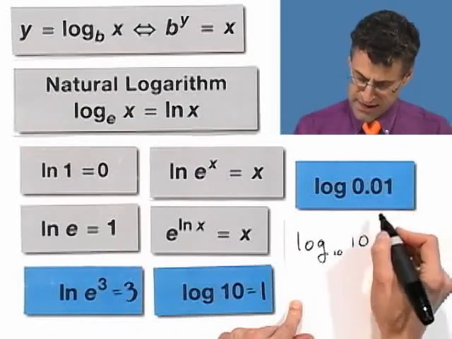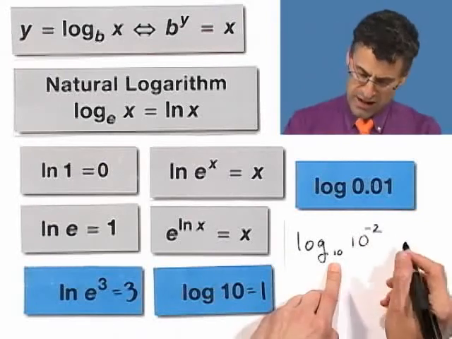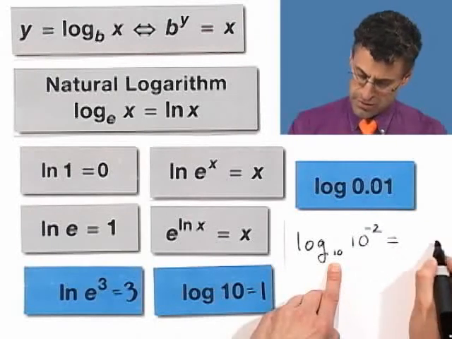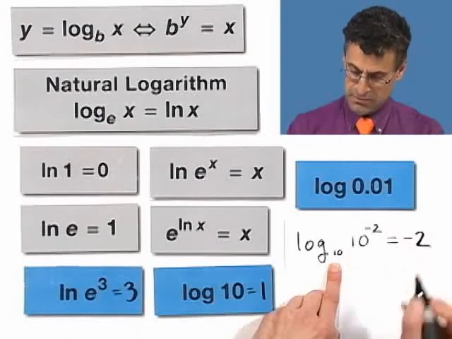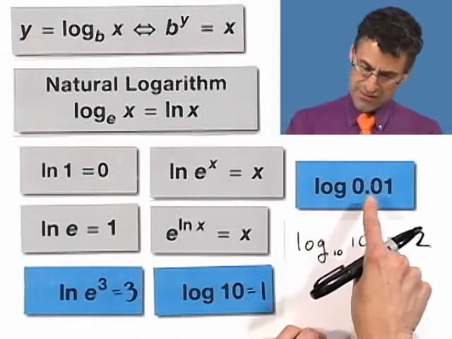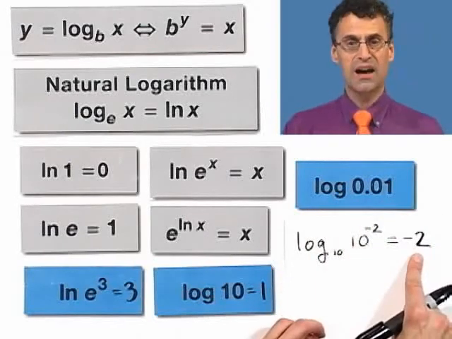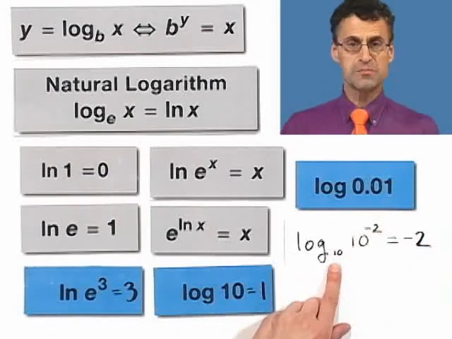Well, negative 1, negative 2, so I'm going to say 10 to the negative 2 power. So what's the power I have to raise 10 to in order for it to be 10 to the negative 2? Well, the answer is negative 2. And so the answer to this is negative 2. Kind of fun, isn't it? That the log of a tiny number is actually negative. And that makes sense because 10 to a negative power is something that's small.